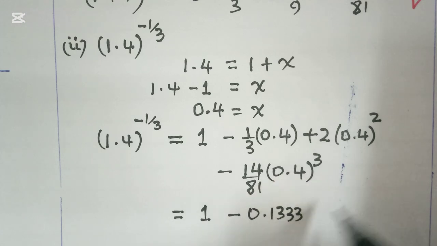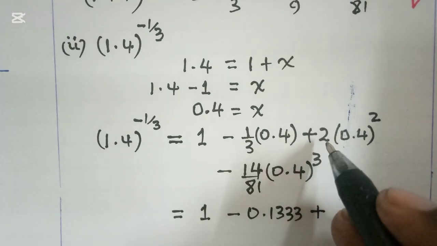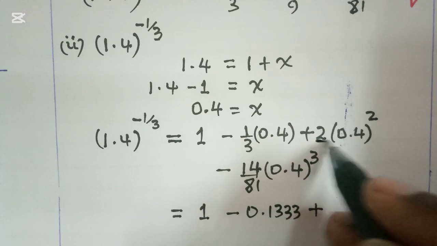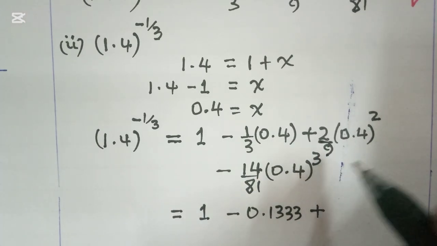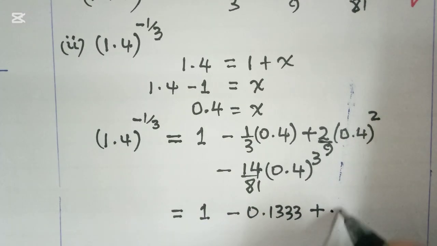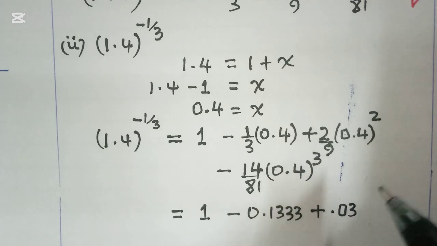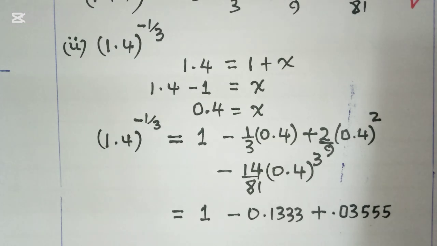Then plus, this one is supposed to be 2/9. Sorry for the omission. And this one will give us 0.0355, like that.